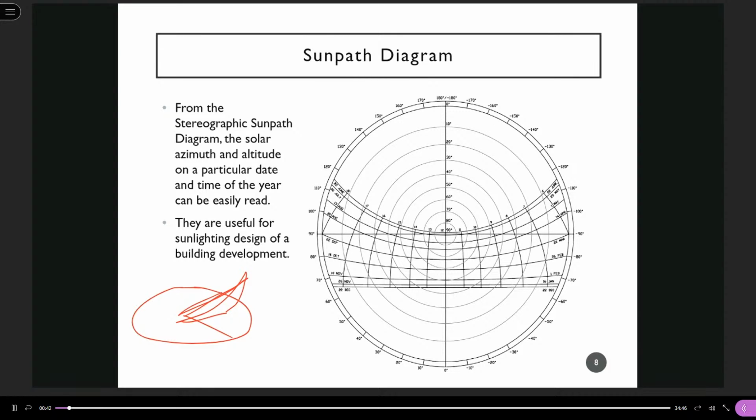So the time told by the sundial is the solar time, and the solar time is different from our clock time, because our clock time has been regulated according to the time zone, right?